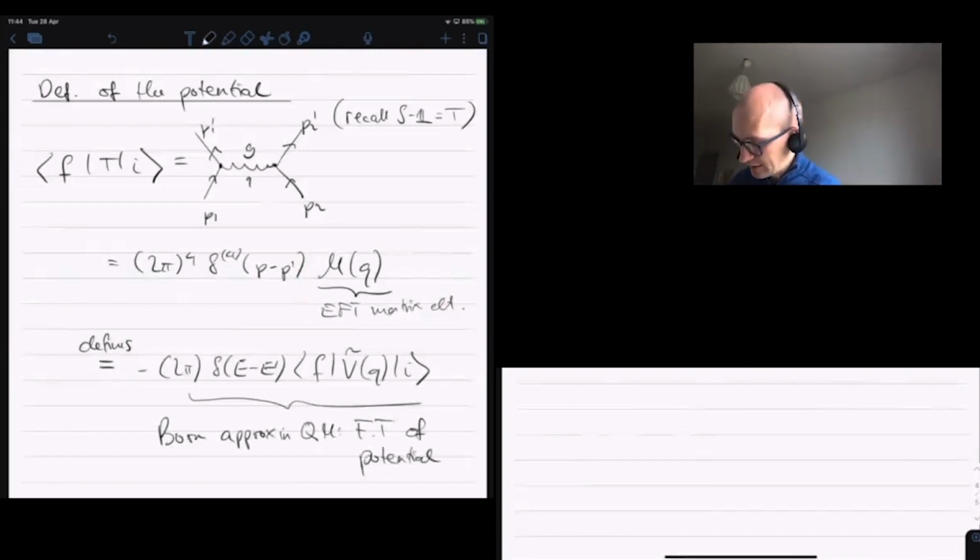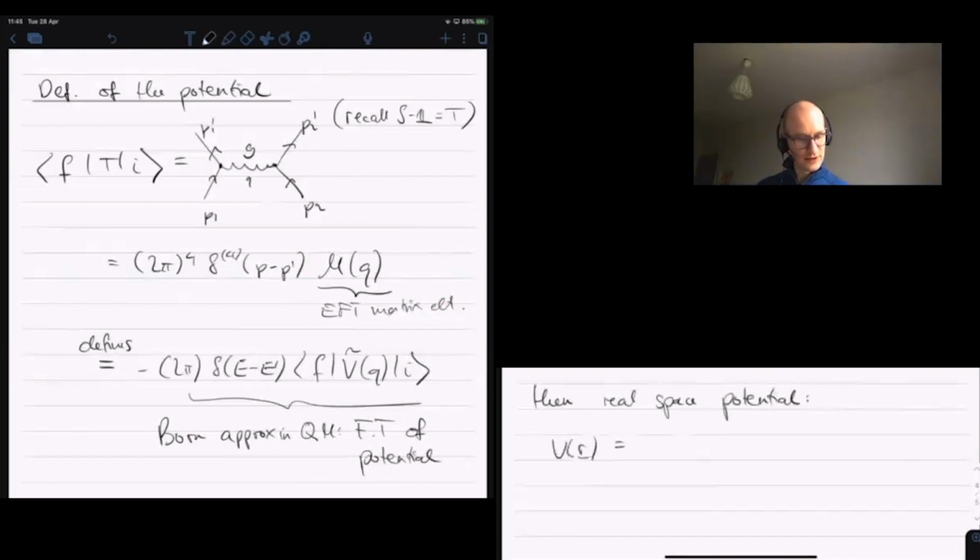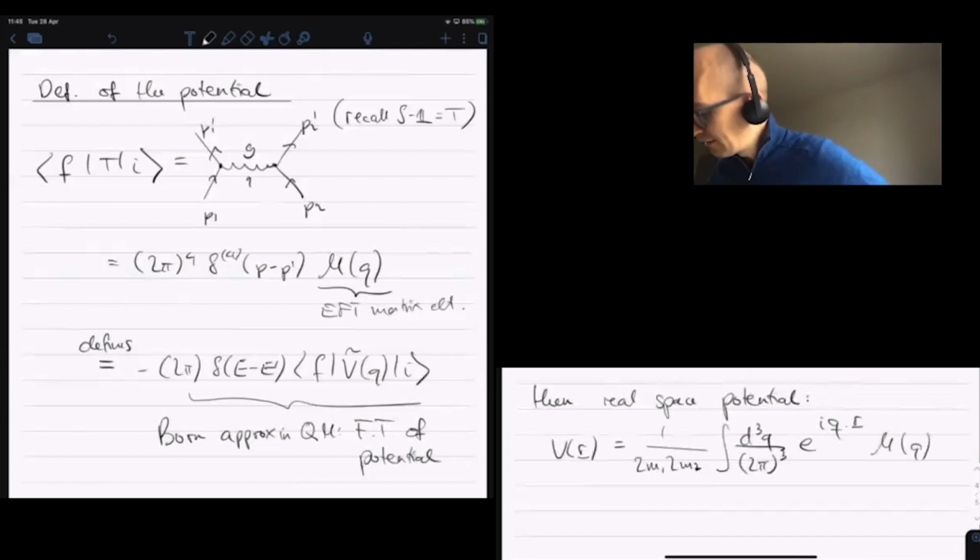And so the real space potential is just the Fourier transform of this. So V of R is equal to, with some normalization factors, 2m1, 2m2 times the integral d3q divided by 2 pi cubed, e to the I q dot r, of M of q.